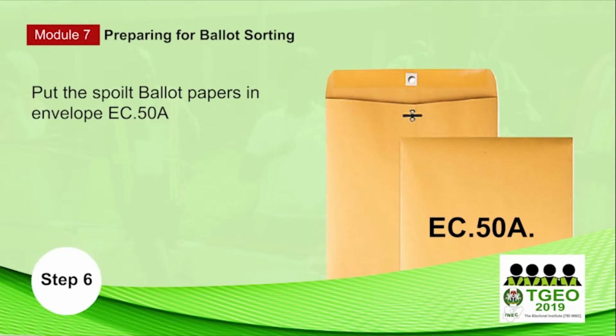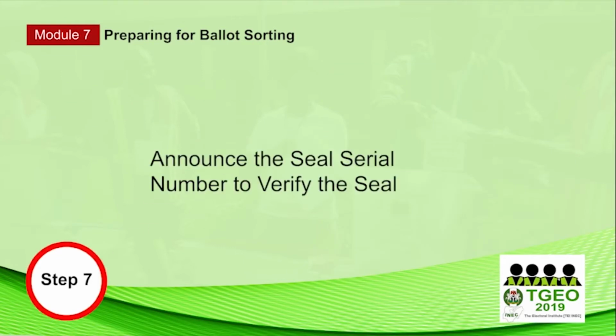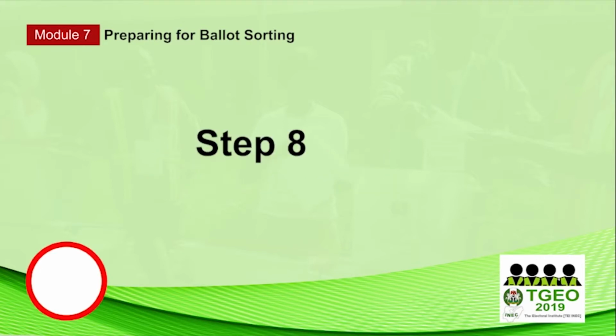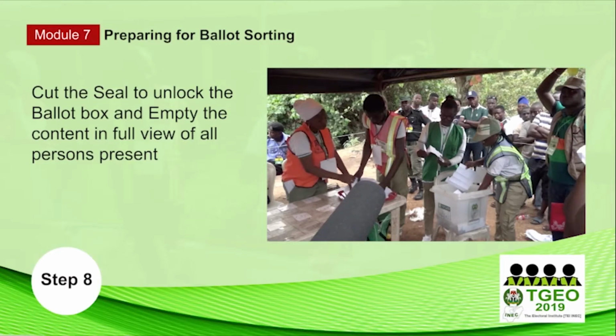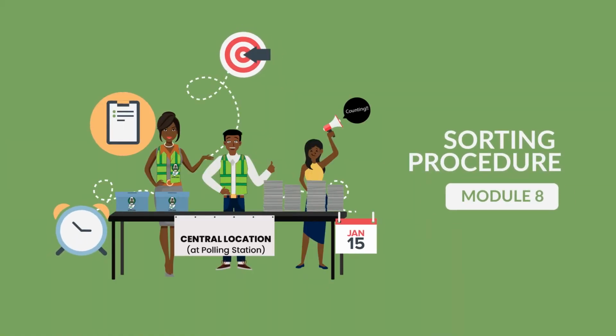Put the spoiled papers in envelope EC50A. Step 7. Announce the seal serial number to verify the seal. Step 8. Cut the seal to unlock the ballot box and empty the content in full view of all persons present. Module 8. Sorting Procedure.